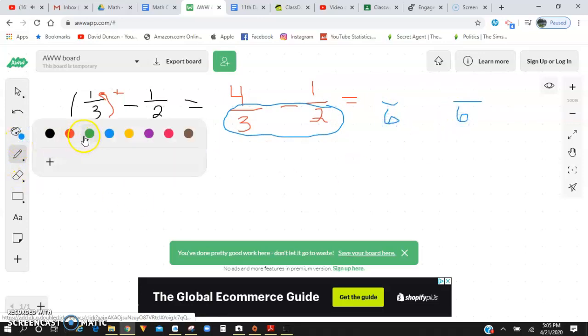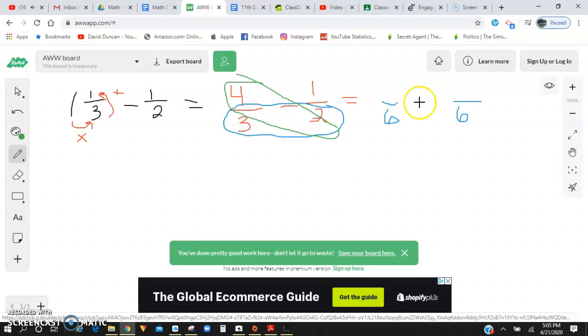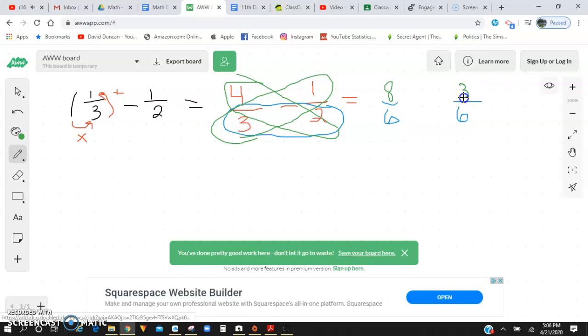After doing 3 times 2, then we're going to always do the left wing first. Always do the left wing first. And 4 times 2 is going to get me 8. Okay. Now I'm going to do my right wing, which is going to get me 3 times 1. That's going to get me 3.